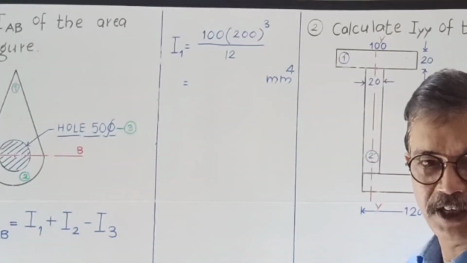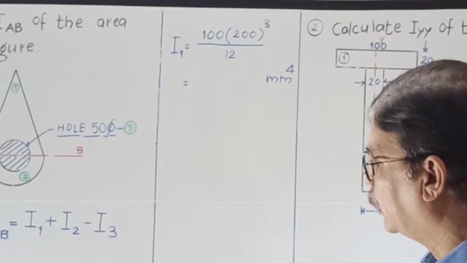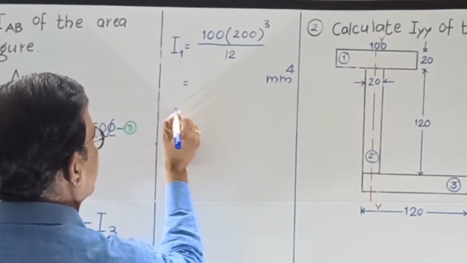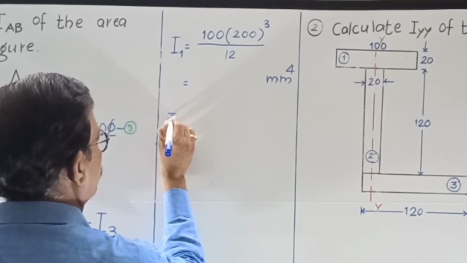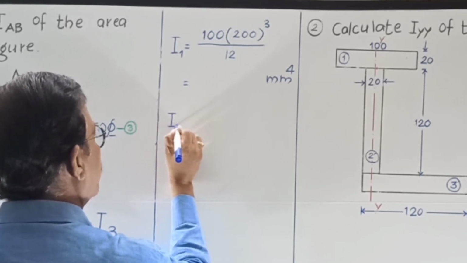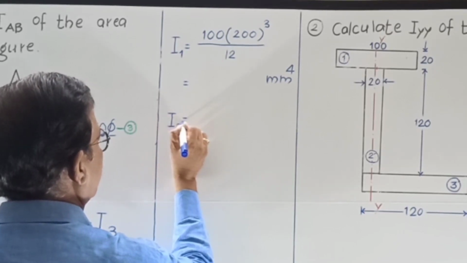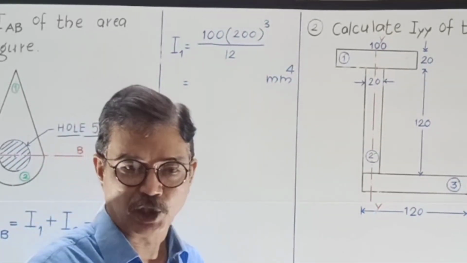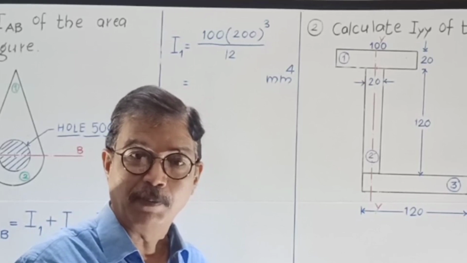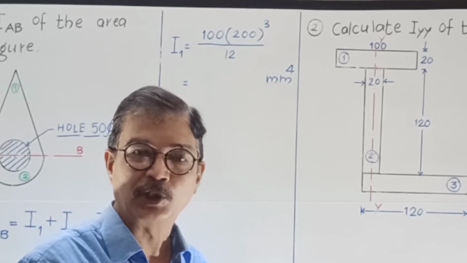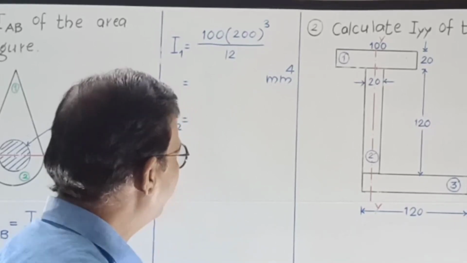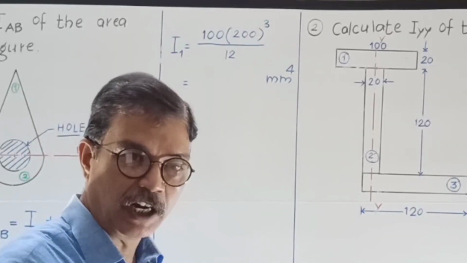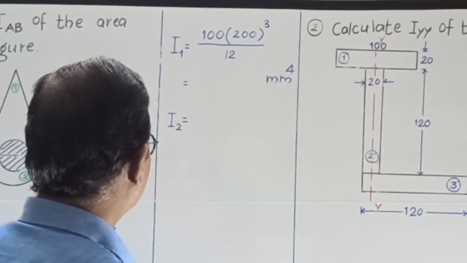Now let us calculate moment of inertia of semicircle about base diameter AB, that is I2. What is moment of inertia of semicircle about base diameter? If you remember, I have explained that about the base diameter for a semicircle only the area is halved, so it will be pi d raised to 4 upon 128, where d is the diameter.